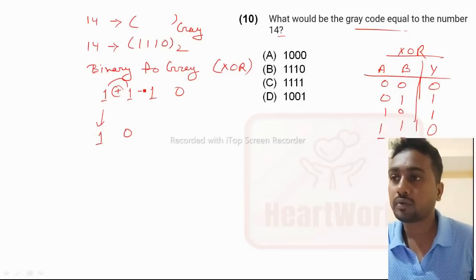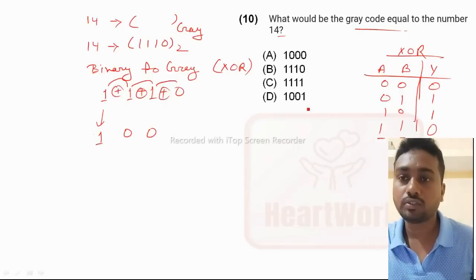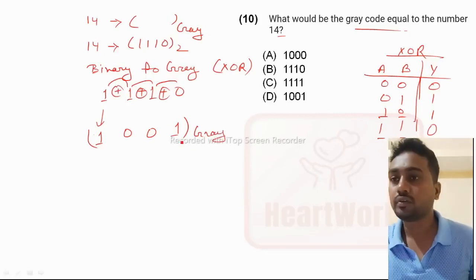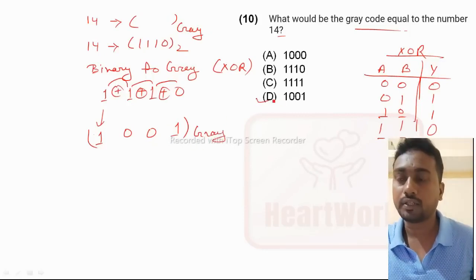Again XOR between 1 and 1, so it will be 0. Now XOR between 1 and 0 gives 1. So this is the gray code for this binary number. The answer is option D.